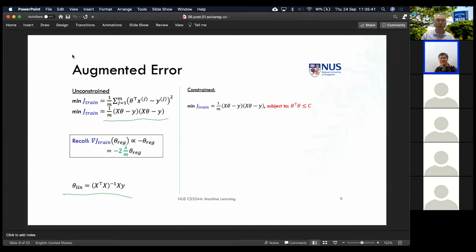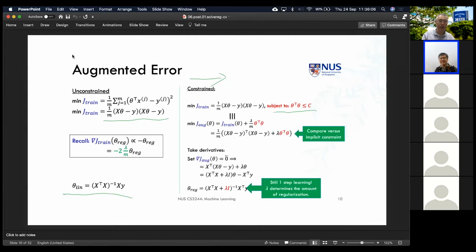Now on the right-hand side of the screen, I'm trying to do the same, but now with a particular constraint. I said I want to set a budget. I'm not allowed to go over that. So instead of using this hard constraint, I'm going to change it into an implicit constraint.